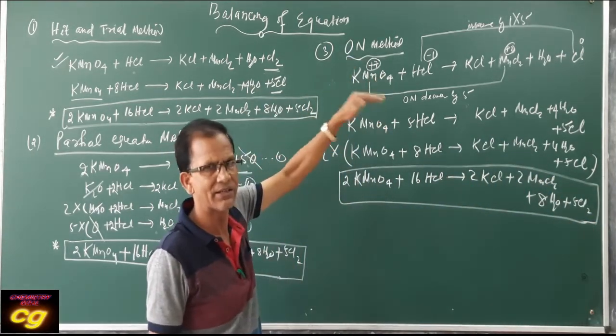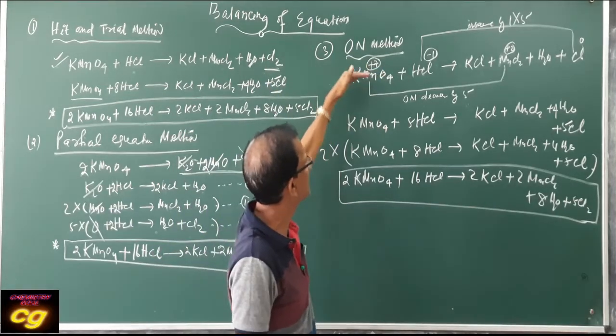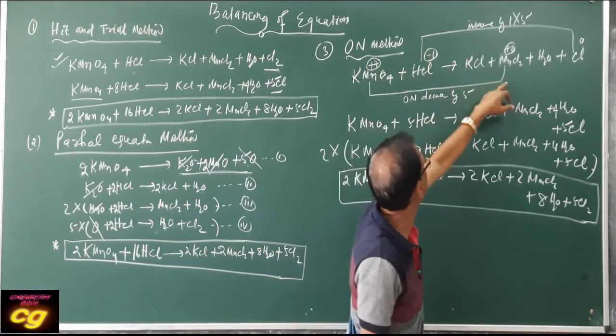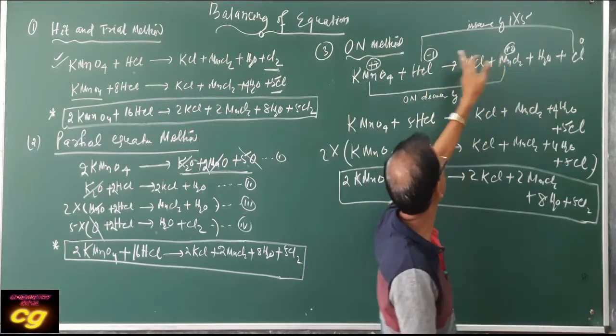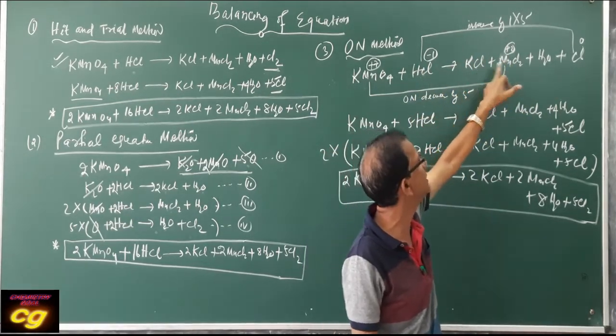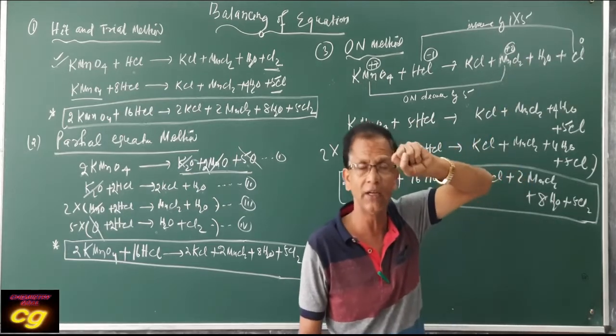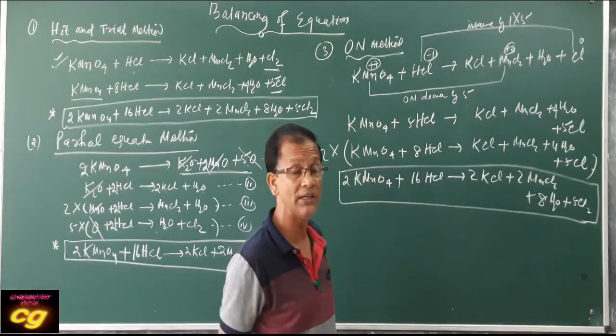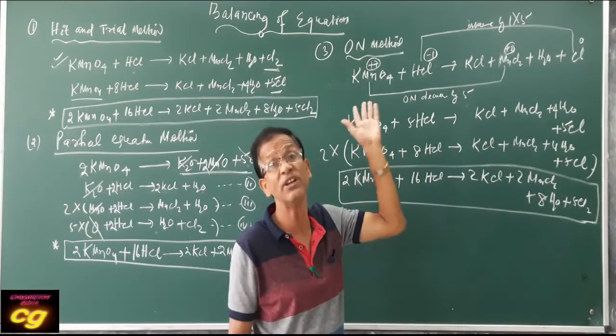This is the technique: you have to calculate the change in oxidation number of the particular element. Here the element is manganese, here is chlorine. The other chlorine is not taken because here chlorine is -1, here chlorine is also -1. You have to think, so that you don't waste your time. Without wasting your time, you select which atom has oxidation number changing.